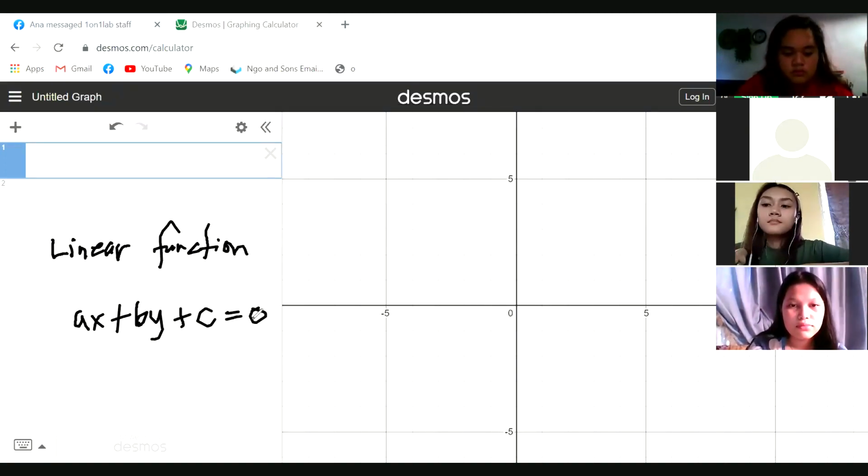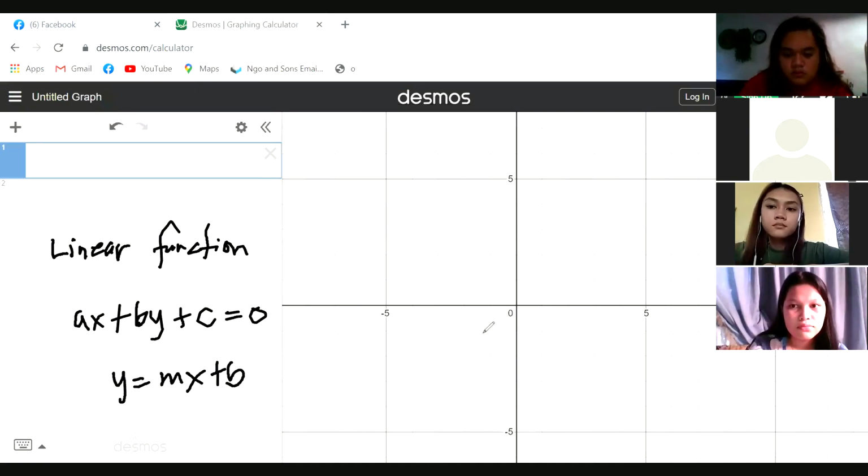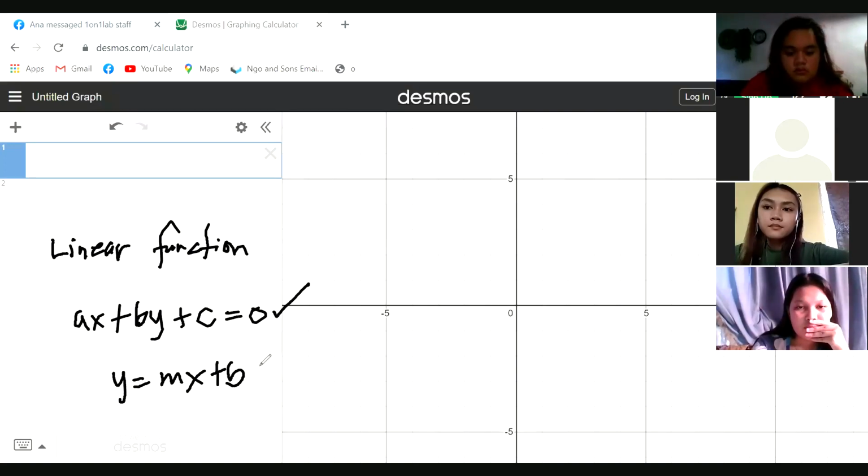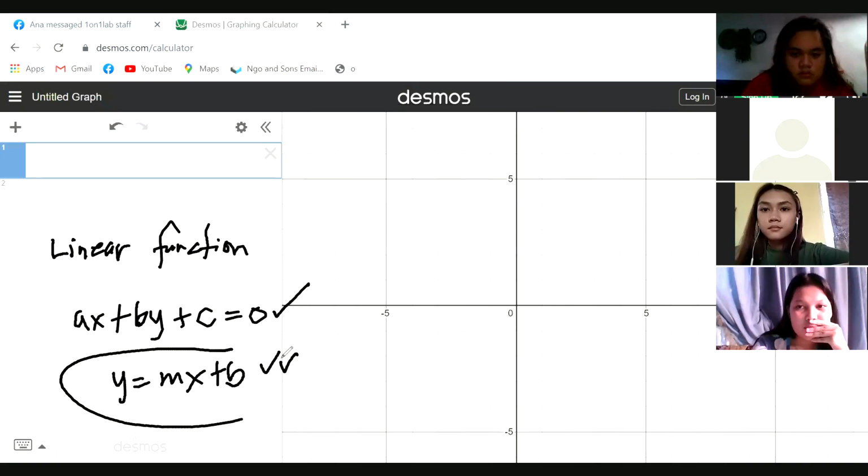Or it can also be written as y equals mx plus b, right? They are just the same linear function but in different forms. This is the general form, this is the standard form. So what we will be using is only this one.